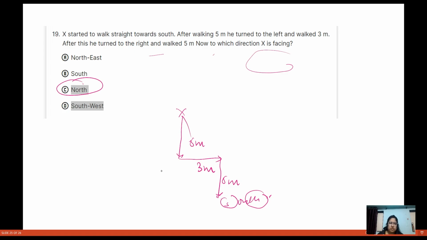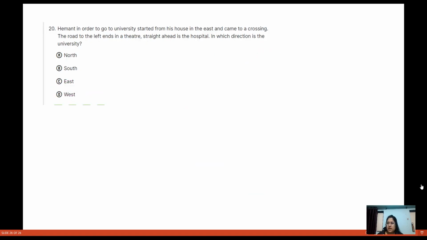Now let's move on to the last question. Hemant, in order to go to the university, started from his house in the east and came to a crossing.